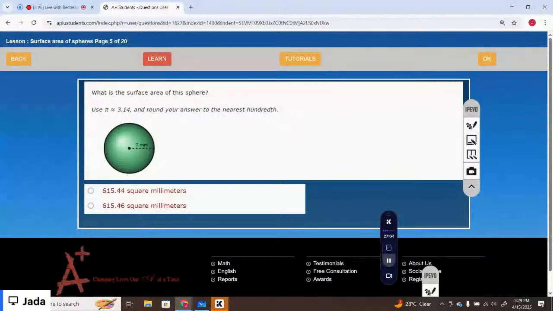The sphere. So which is the correct option? Option number two is the correct option.